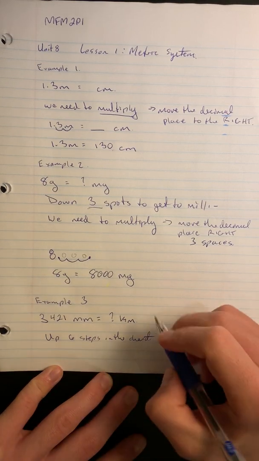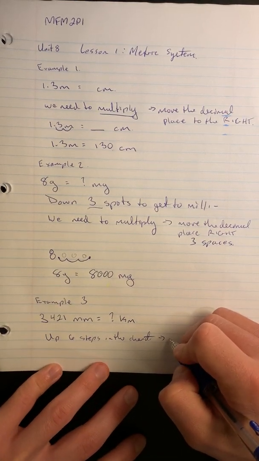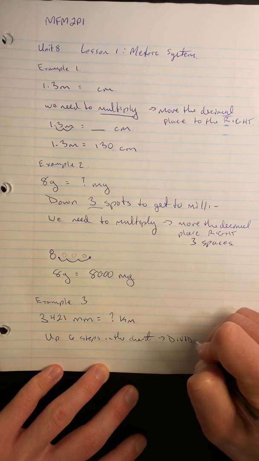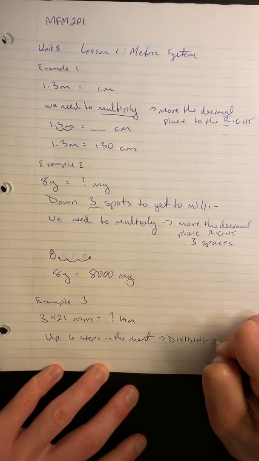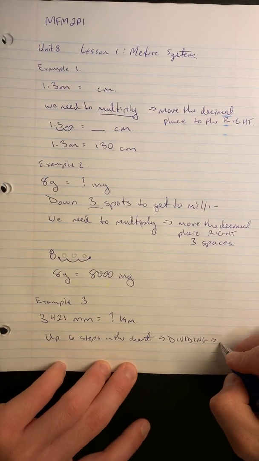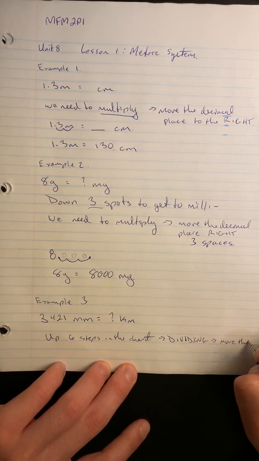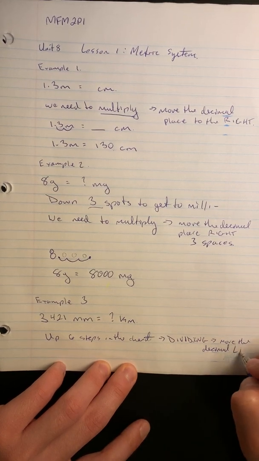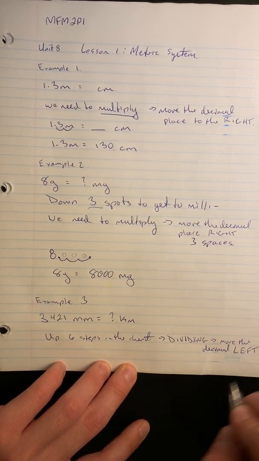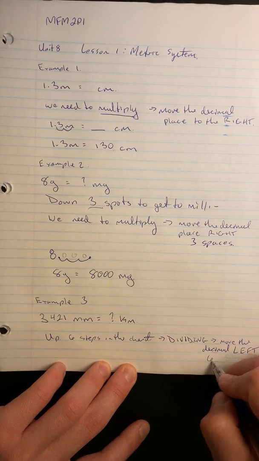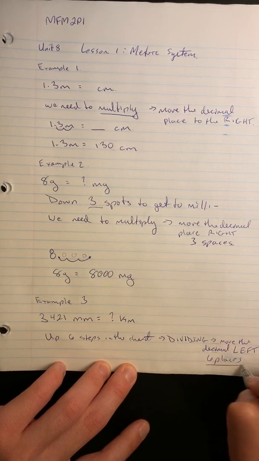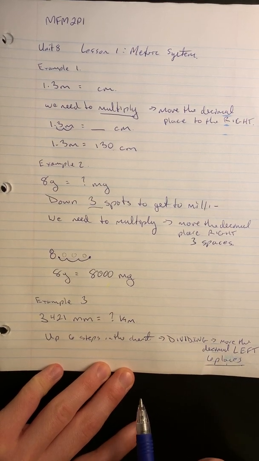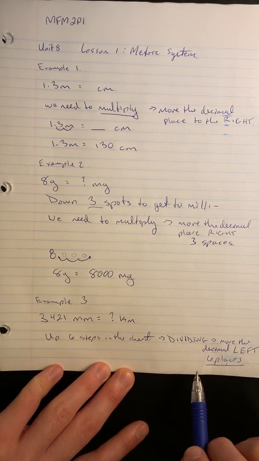That means we're dividing, and that means we move the decimal left 6 places, okay? 6 steps in the chart. We've got to move 6 places because we're dividing. That means we're going to move the decimal left.